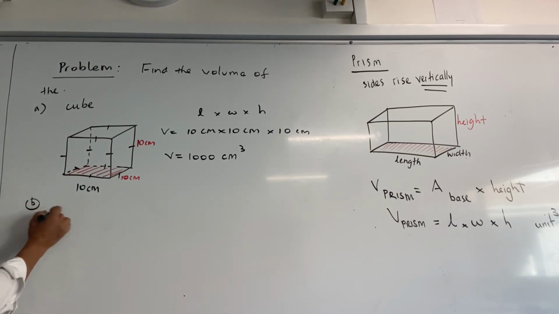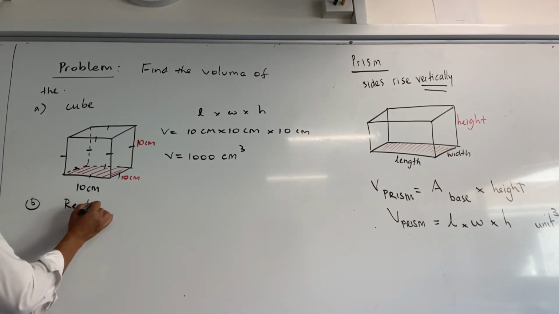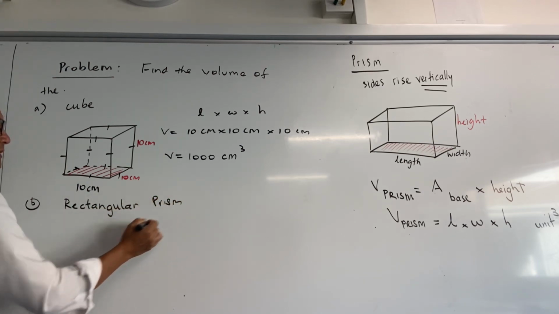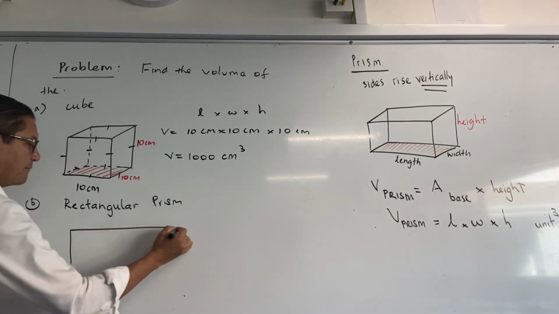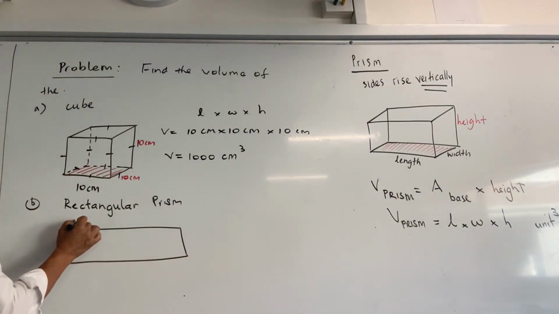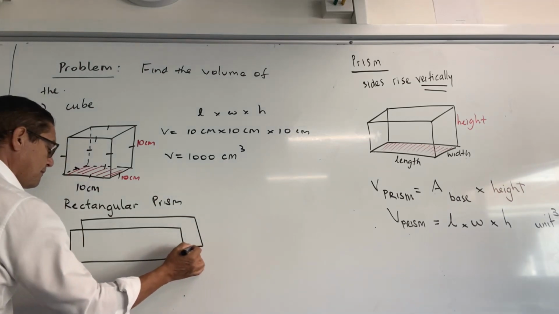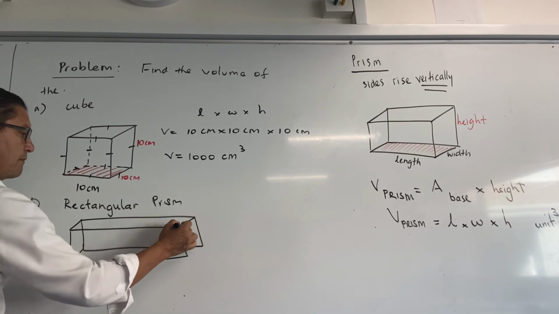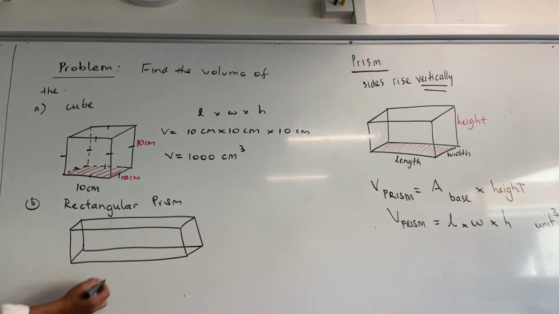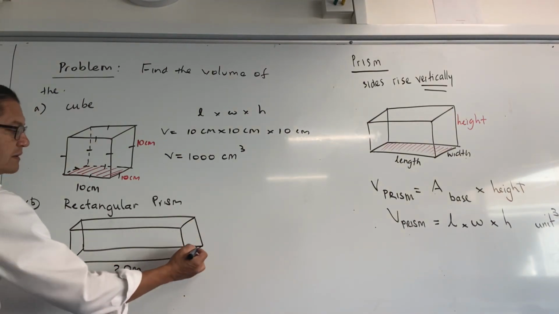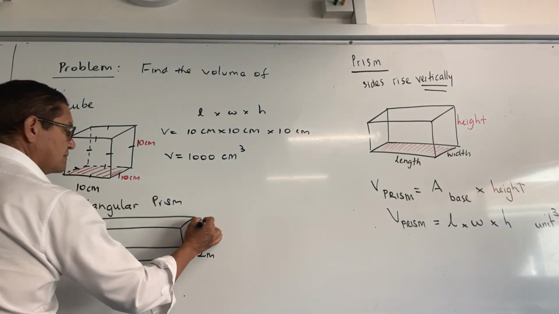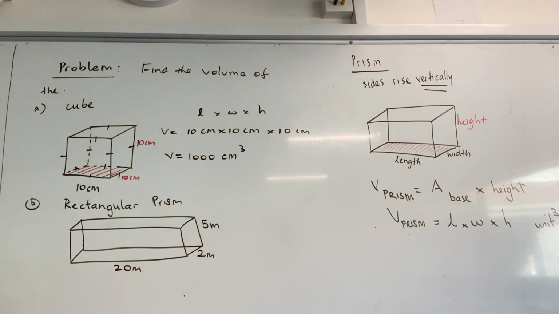B. The rectangular prism. Now there's going to be something like that. So that's 20 meters, that's 2 meters, and the height is 5 meters. That's the base.